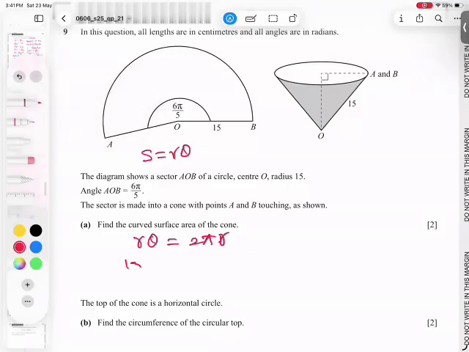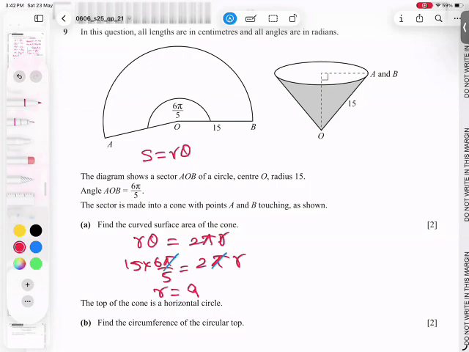So here radius is 15 and theta is 6 pi over 5. Here 2 pi and radius unknown. So pi cancels out and I can find the radius from here very clearly. So the radius is becoming 9.